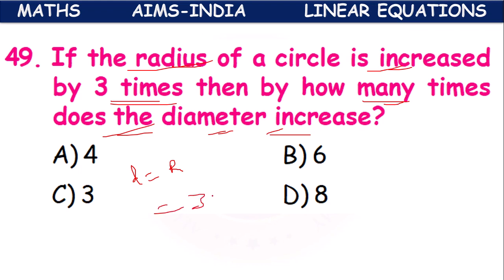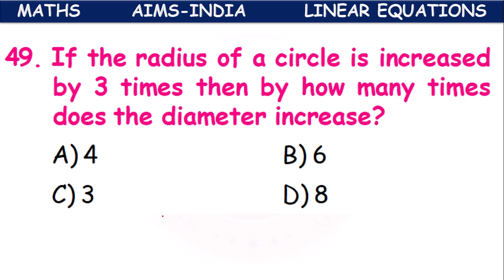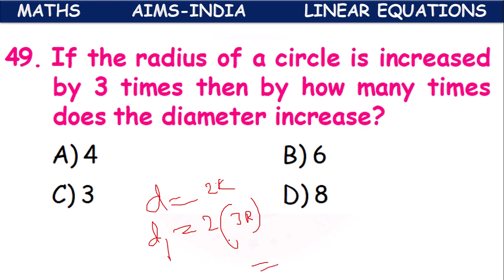If the radius is increased by 3 times, the new diameter equals 2 into the new radius, 3r. So that is 2 into 3, 6r. So the new diameter equals 6r. It will increase 6 times.